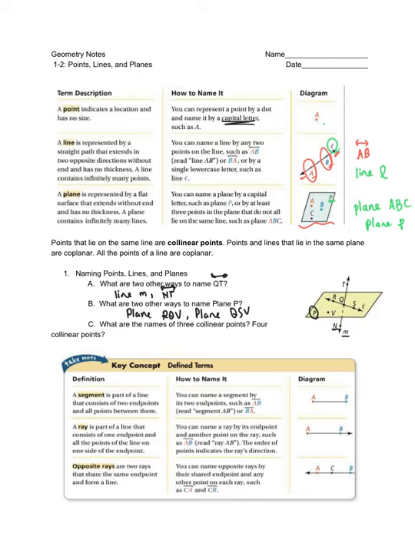So we're going to put points R, Q, and S. Okay. Now we're going to just ignore the 4 collinear points because there is not a line with 4 points on it. So we're just going to go ahead and use our 3 collinear points for C.